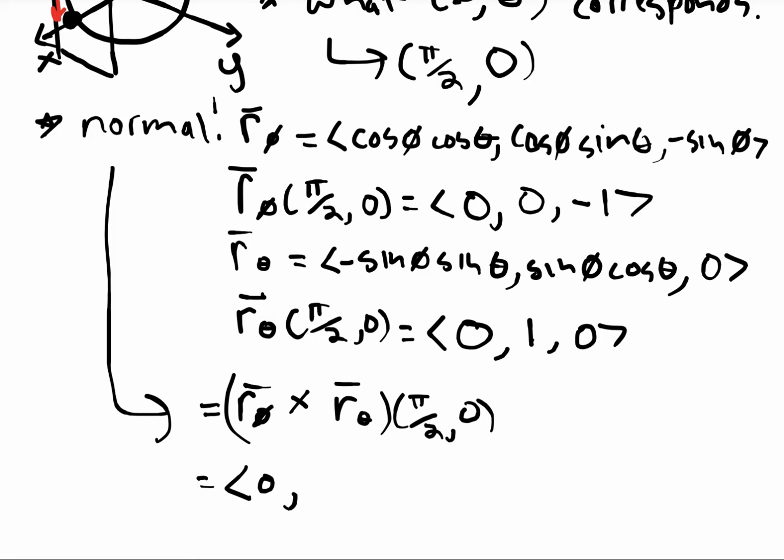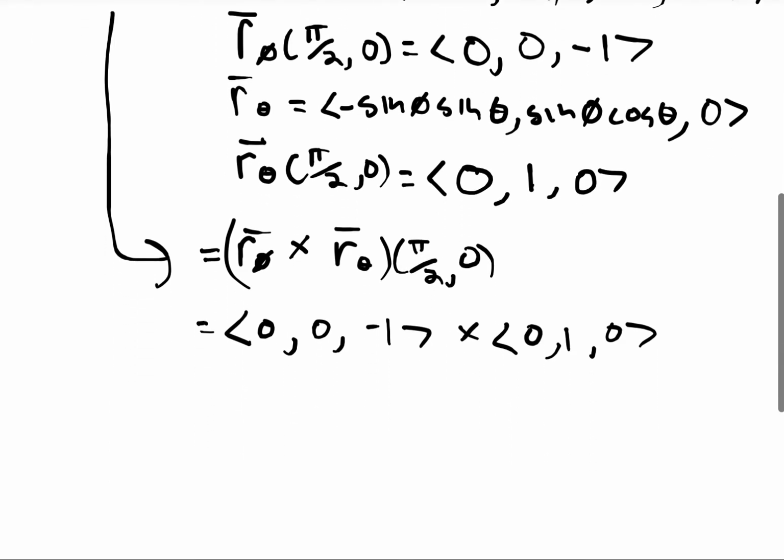So really what we're worried about here is crossing those two vectors that we just found. Now, if you still need to do your scratch work, that's totally fine, but I'll go ahead and give you guys the spoiler here. If you work out that cross product, you're just going to get 1, 0, 0. That's it.